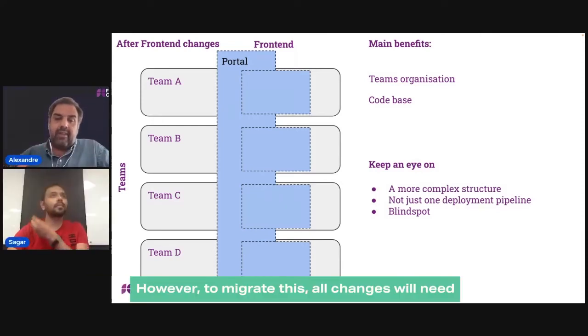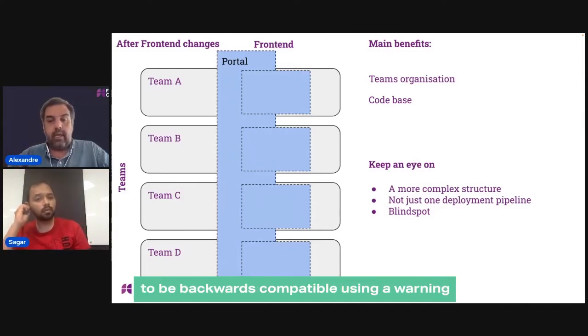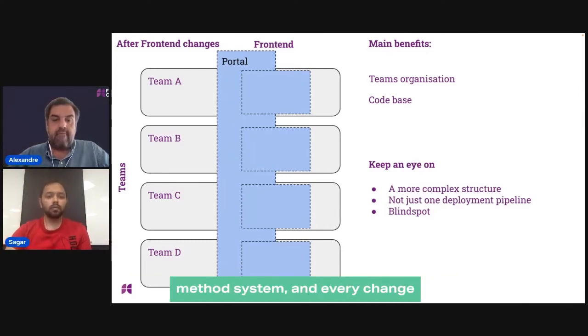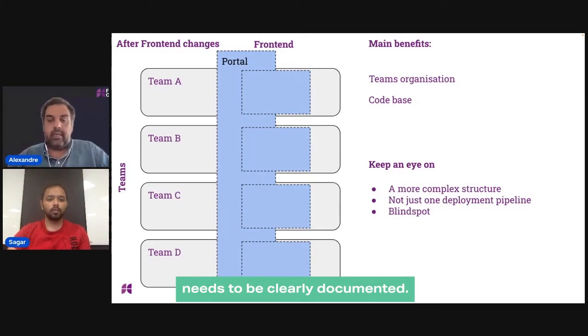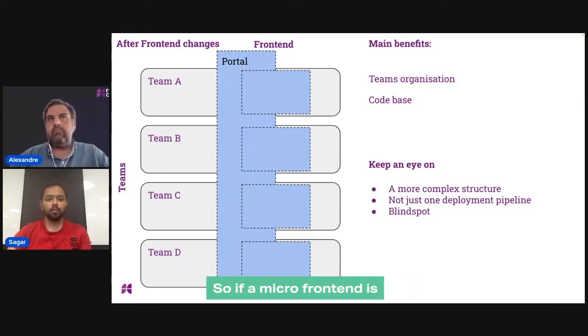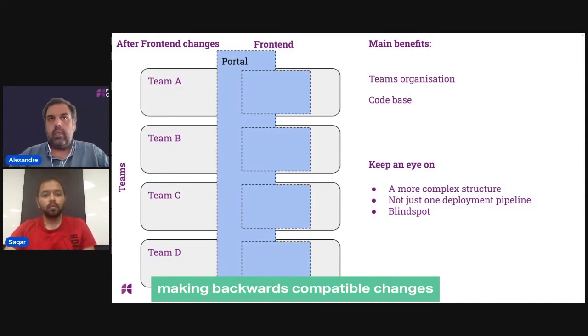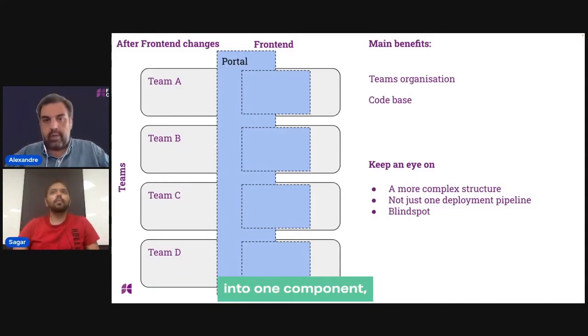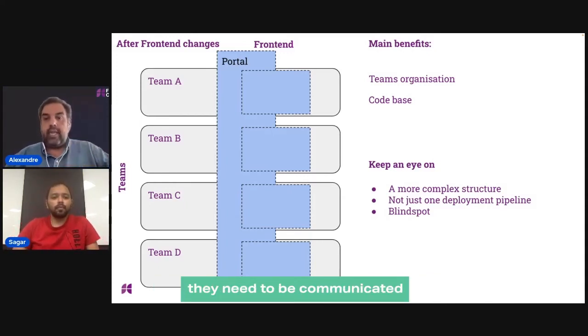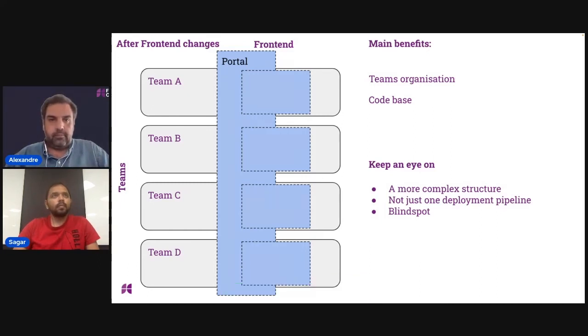However, to mitigate this, all changes will need to be backwards compatible, using a warning message system, and every change needs to be clearly documented. So if a micro frontend is making backwards compatible changes to one component, they need to be communicated to the other teams.